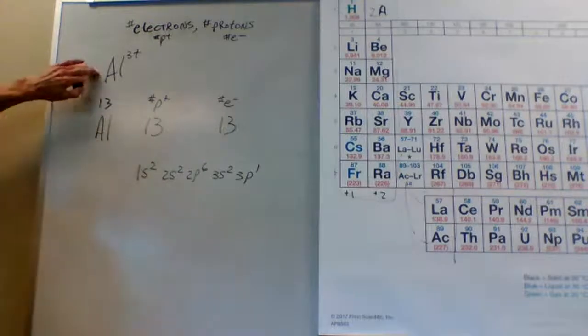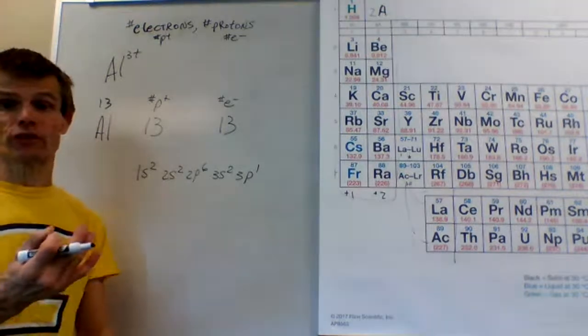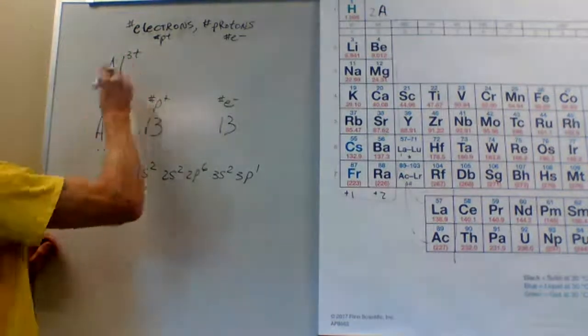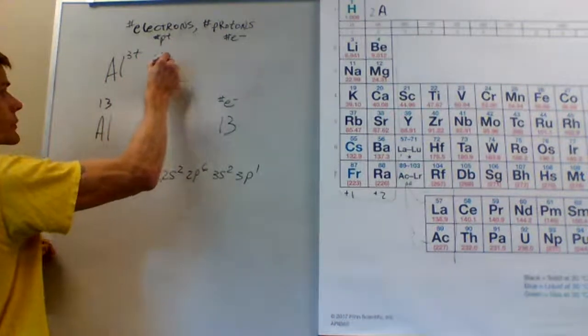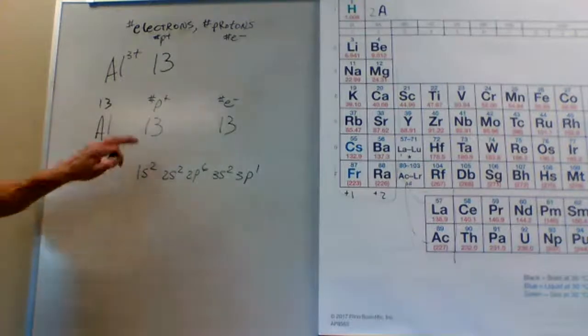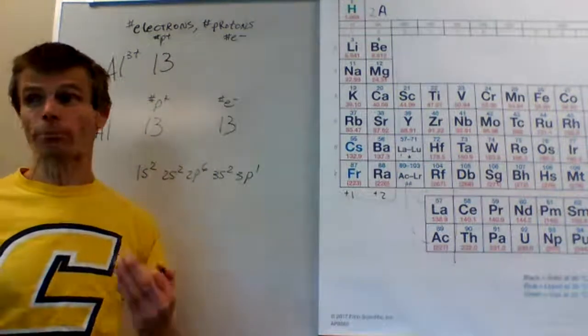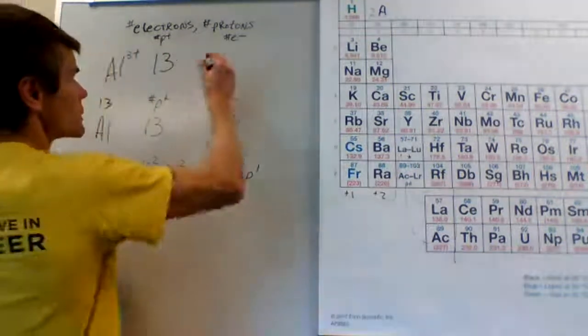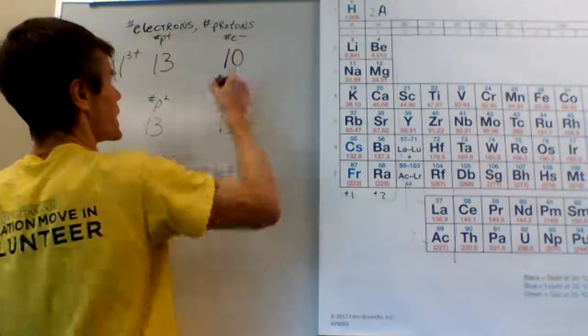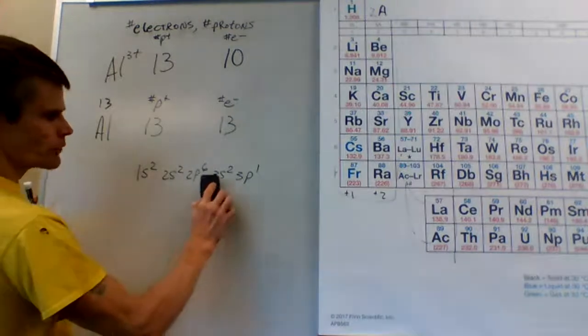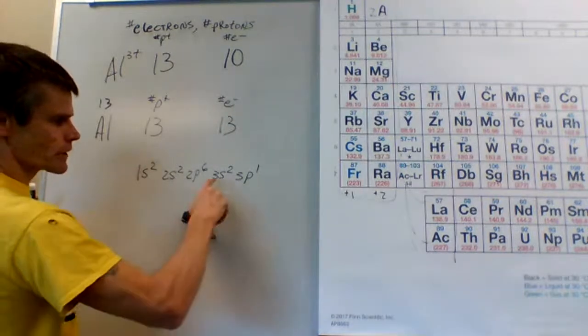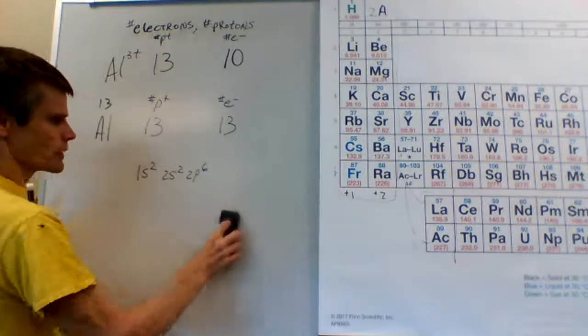Now, the aluminum 3 positive charge cation is formed from this atom, so it still has 13 protons, but now it has 3 additional units of positive charge. So the aluminum cation only has 10 electrons, and it does so by losing all 3 of these electrons in the highest principal energy level.